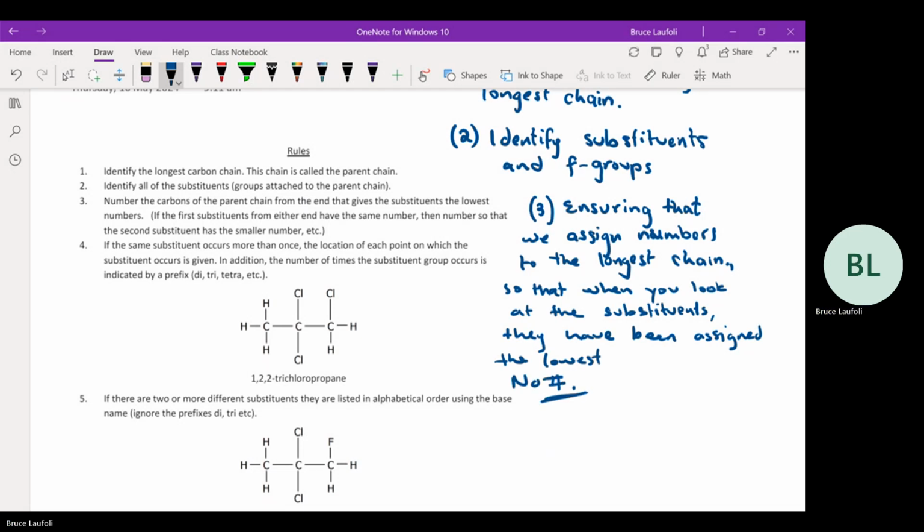Okay, these in general are the rules that you need to understand.